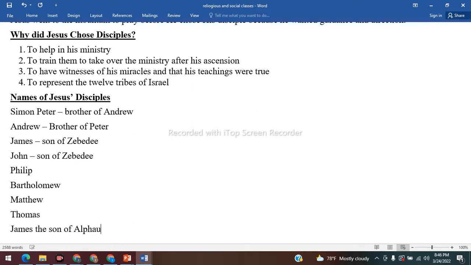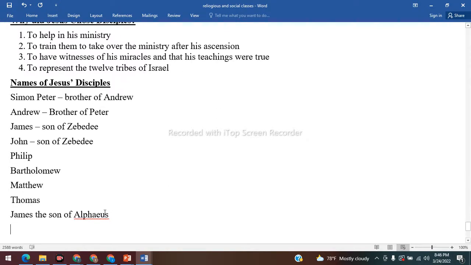So James the son of Alphaeus. They had three sets of brothers or just two? Well, we see James and John are brothers, and Peter and Andrew are brothers. I don't see any other brothers here.